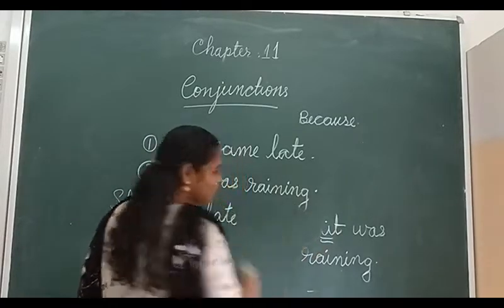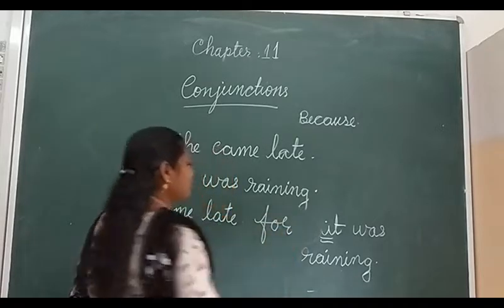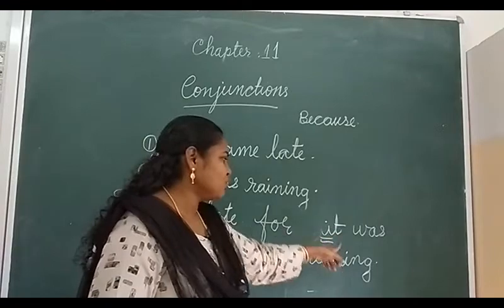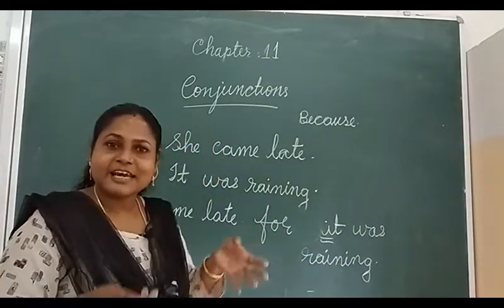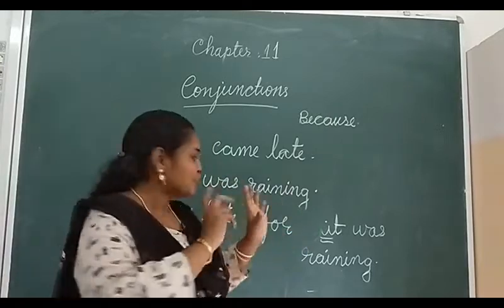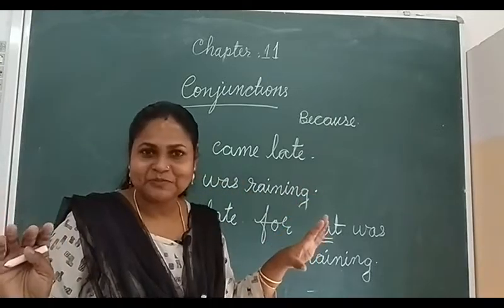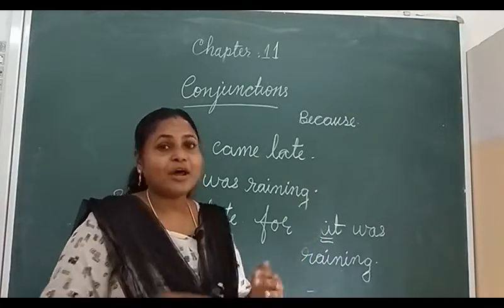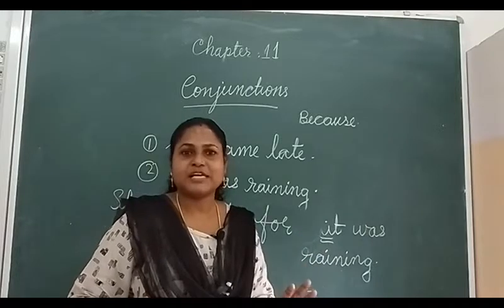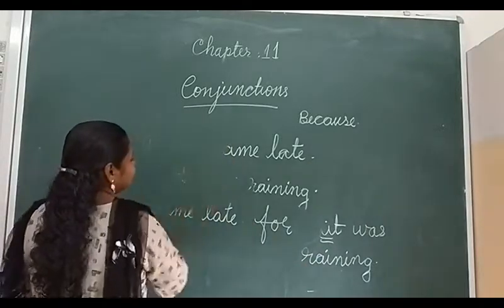Instead of because, I write for: she came late for it was raining. The meanings of these two sentences are the same. So for and because we can use alike. Now this one is over.